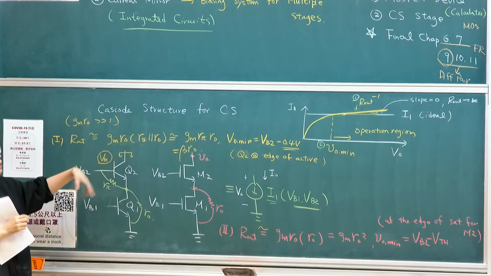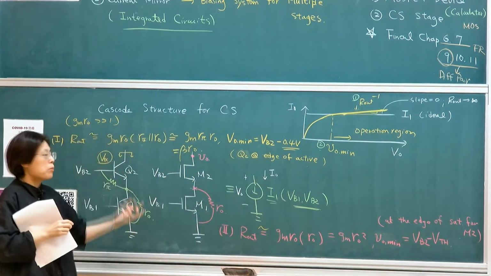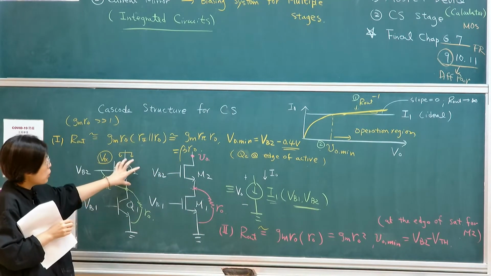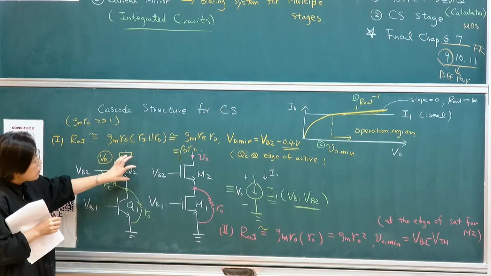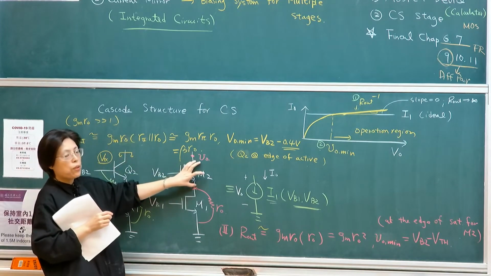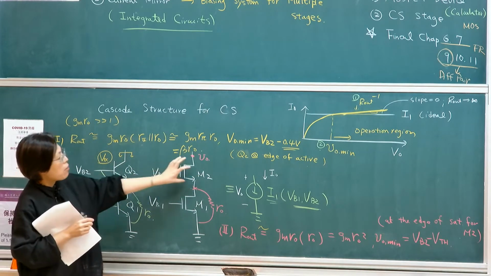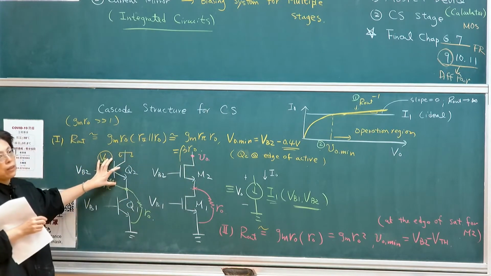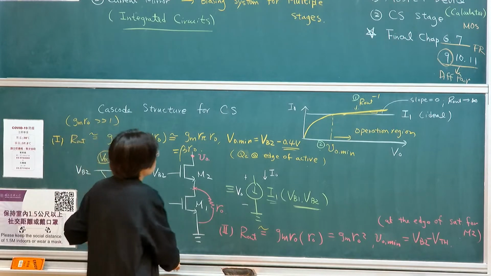This starts to forward bias by less than 0.4. More than that, you would then suppress Q2. So Q2 is the first one. If you're doing this type of circuit, Q2, or M2, is the first one which will go out of the operation region, for example, out of saturation or out of active region. Okay?